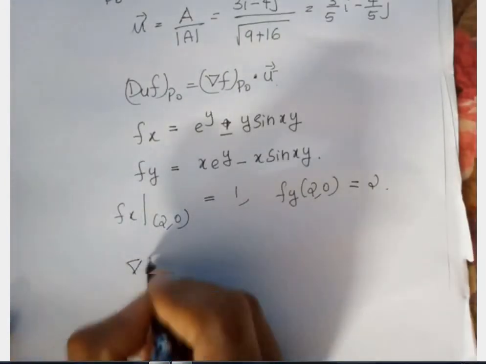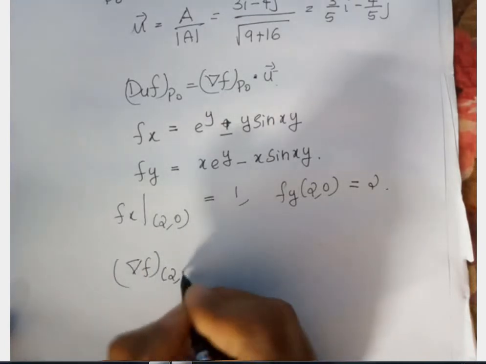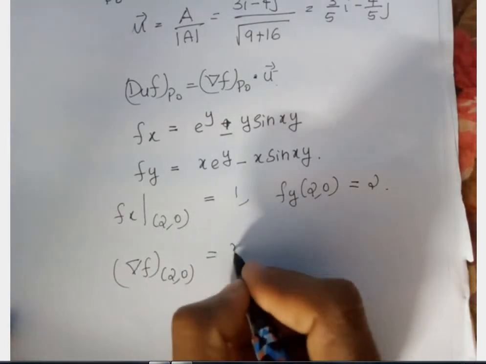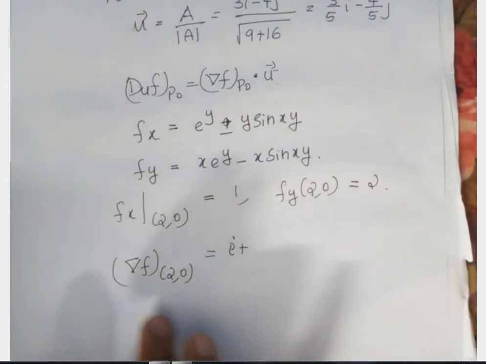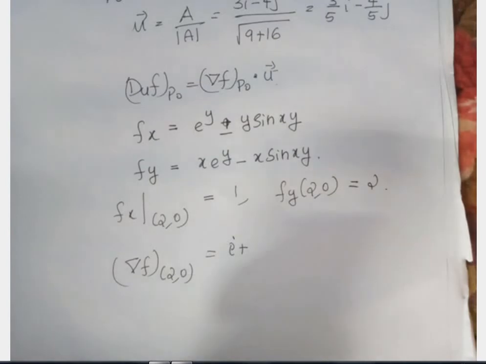So the gradient del f at the point (2, 0) is equal to i plus 2j.